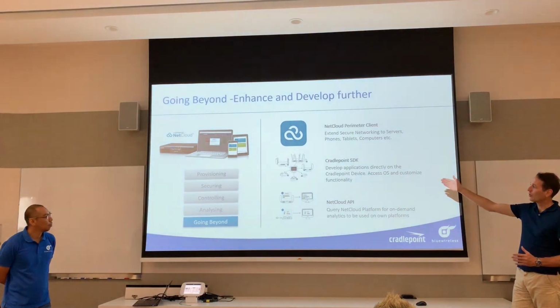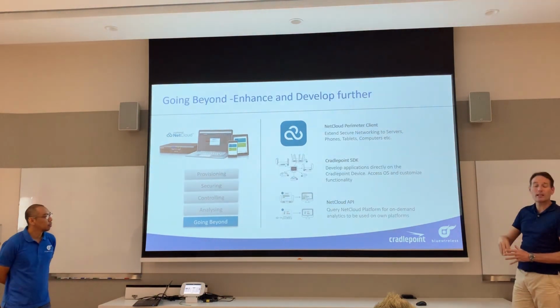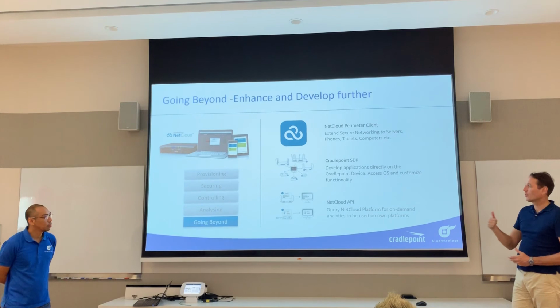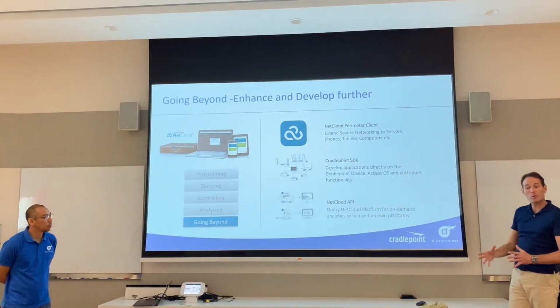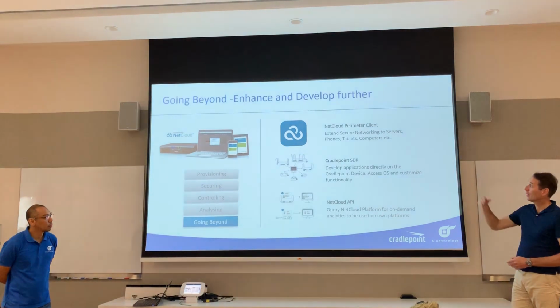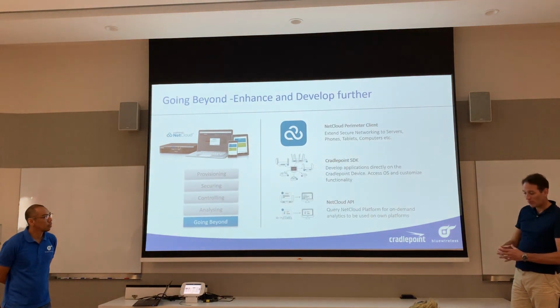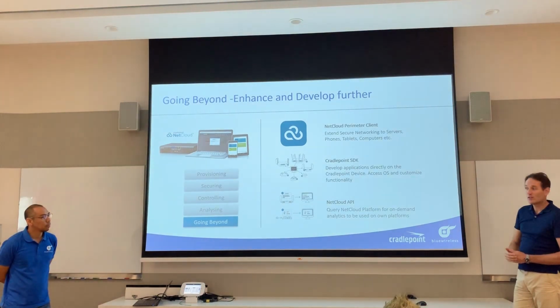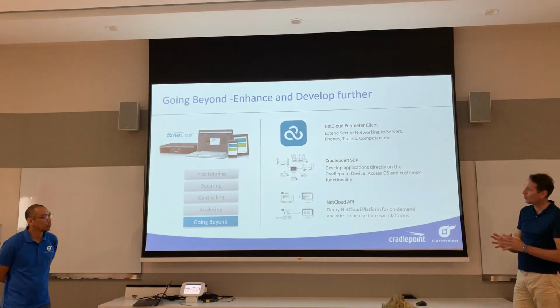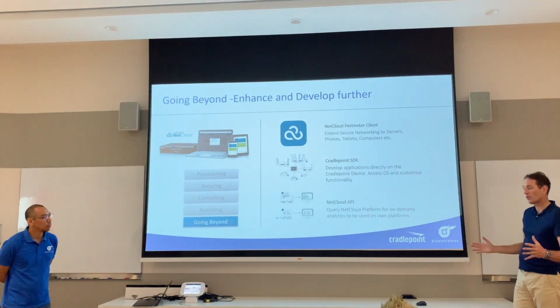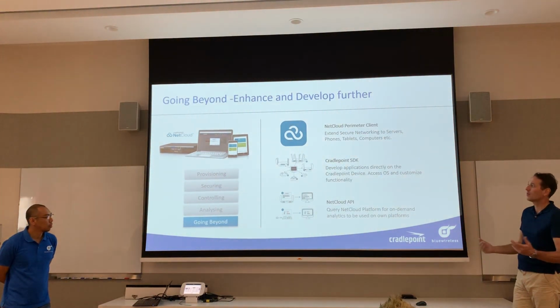You can run certain applications directly on the device, with Python and other scripts. So the Cradlepoint is becoming a computer for you. Or you can even extend your network to other clients, to a server, a laptop, or a tablet. So you don't have to be bound to the Cradlepoint device only. You can build your secure network across multiple devices.